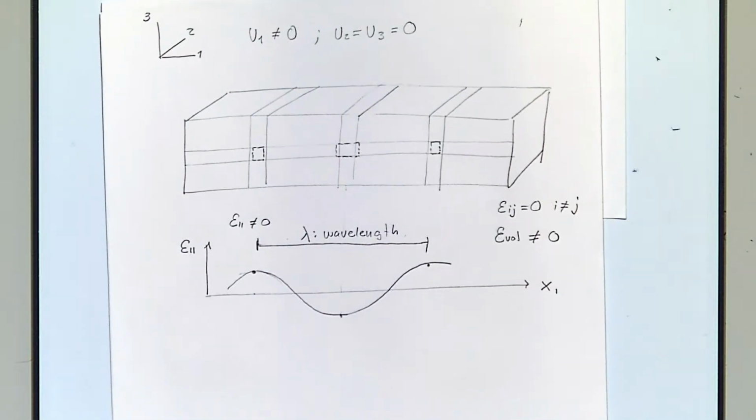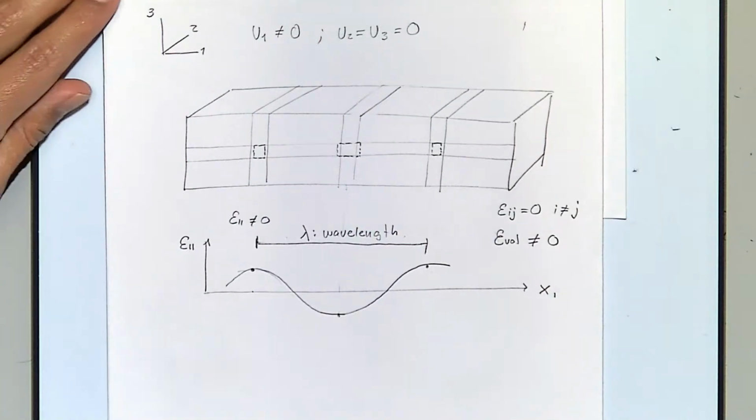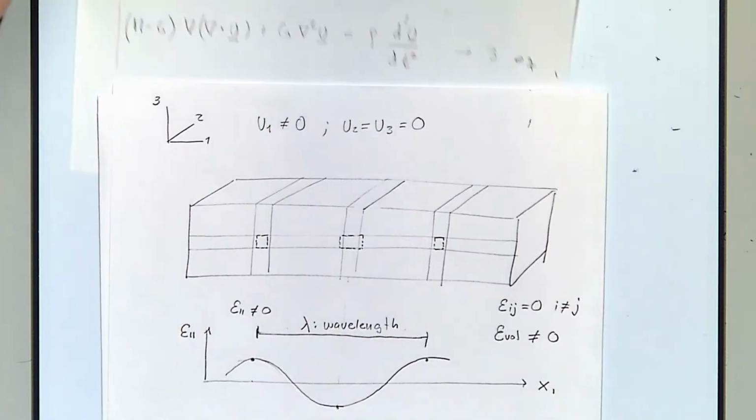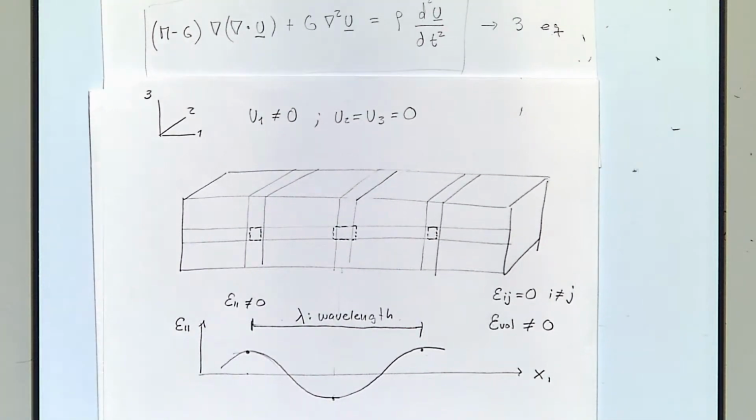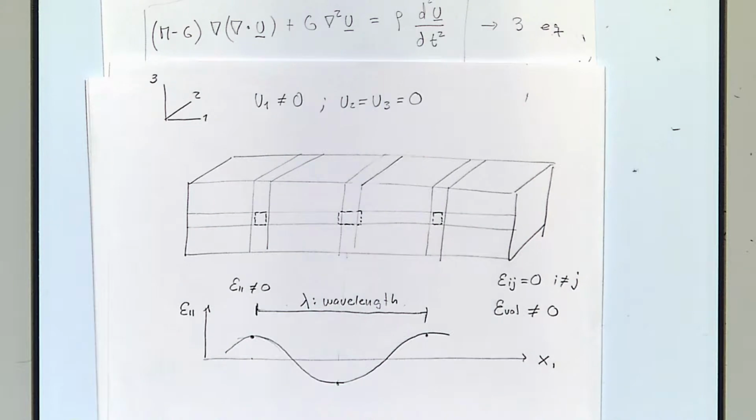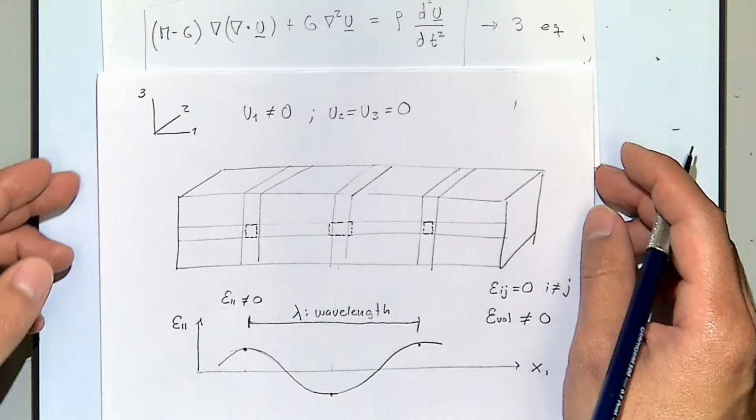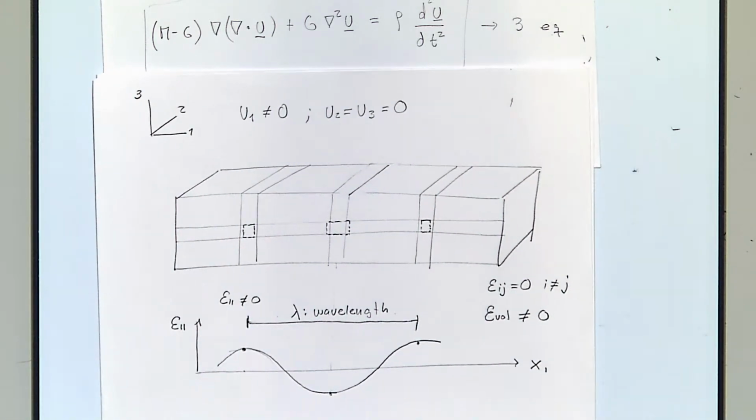So with all these assumptions, now we can write again the Navier's equation, and we are going to write just the first equation, okay? So this is going to be lambda plus mu, or m minus g, and if this is the first equation, the first derivative, the first gradient, is just going to be dx1, right?